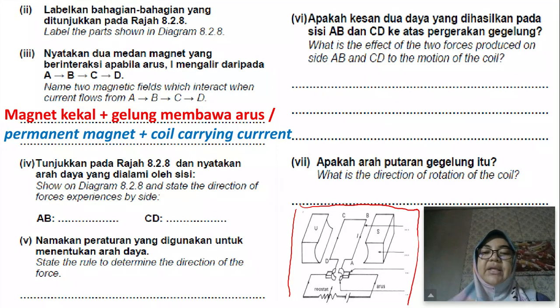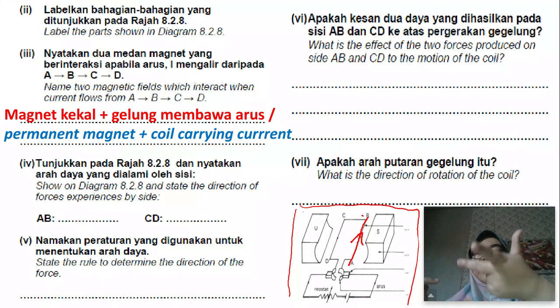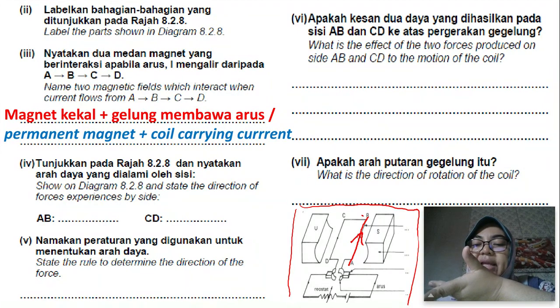Okay, and number 4, show on diagram 8.2 and state the direction of force experienced by the side AB. So this side AB, okay, current going into the screen. So to determine the direction of the force, we use Fleming left hand rule. Okay, my left hand. So make sure the fingers are all perpendicular.